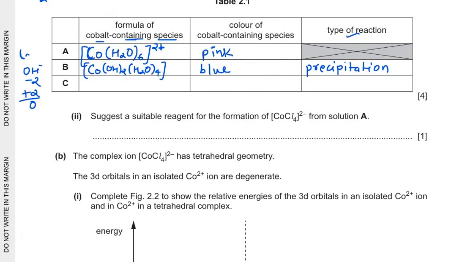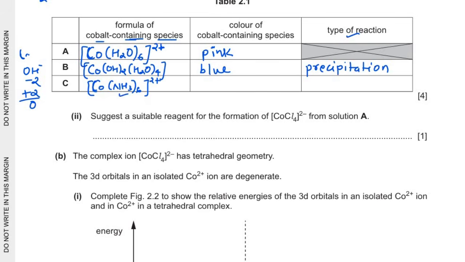So let's understand the formula here. Again, if all the ligands get substituted by ammonia, then there will be 6 ammonia ligands bonded to the cobalt ion. And again the charge will be 2 plus.